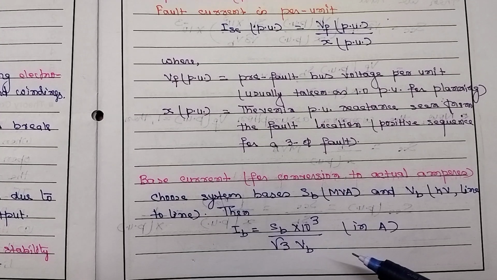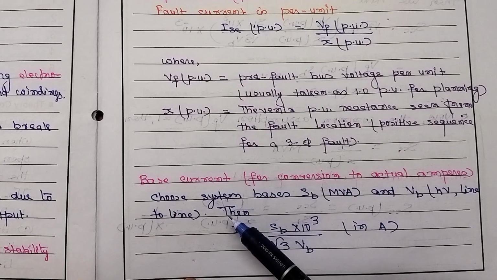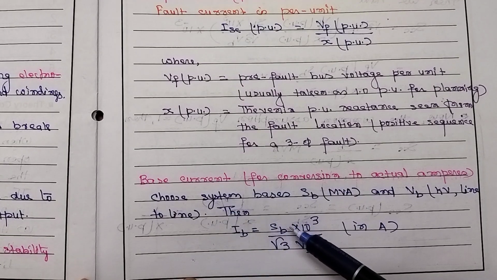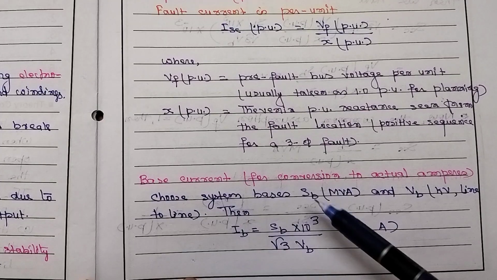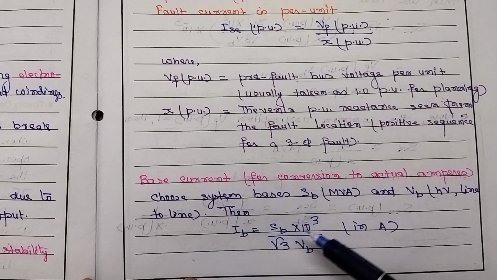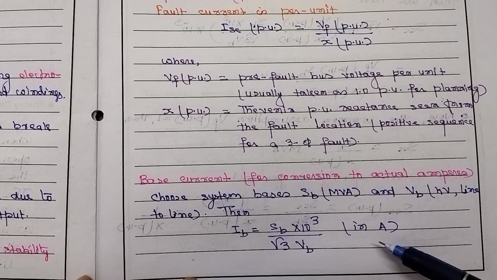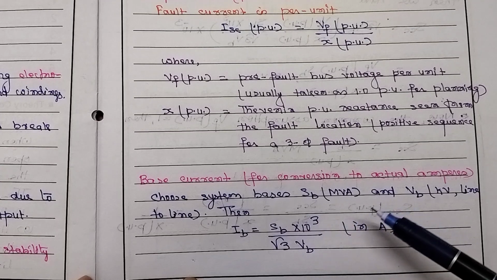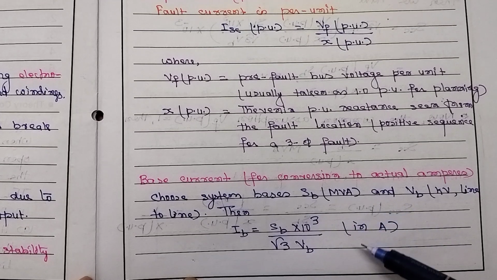The corresponding base current IB can be written as SB by root 3 of VB in ampere.